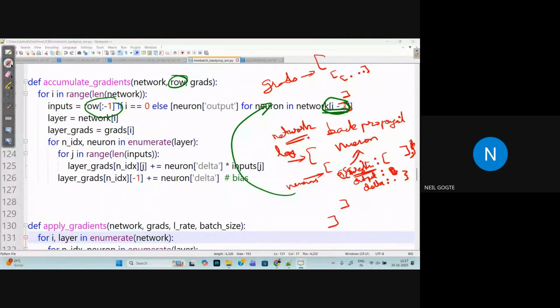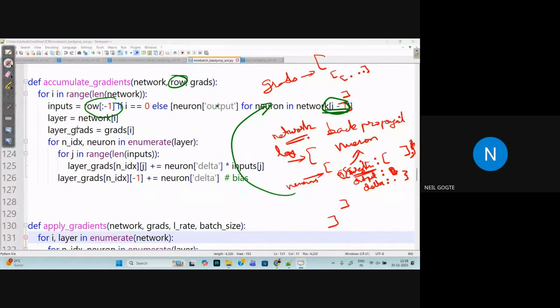It is taking the output of the previous layer as the input for the next layer. So we have the input with us for every layer, for every neuron. This is going to come in useful, because when we compute the gradient, delta alone is not enough. The delta has to be multiplied by the input to actually compute the gradient, which has to be applied.